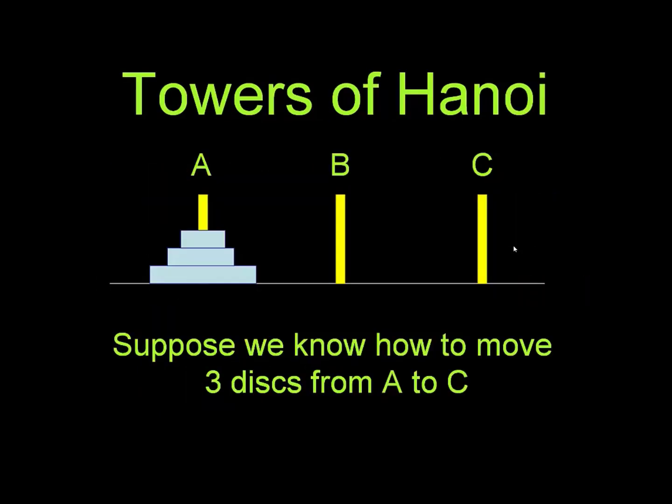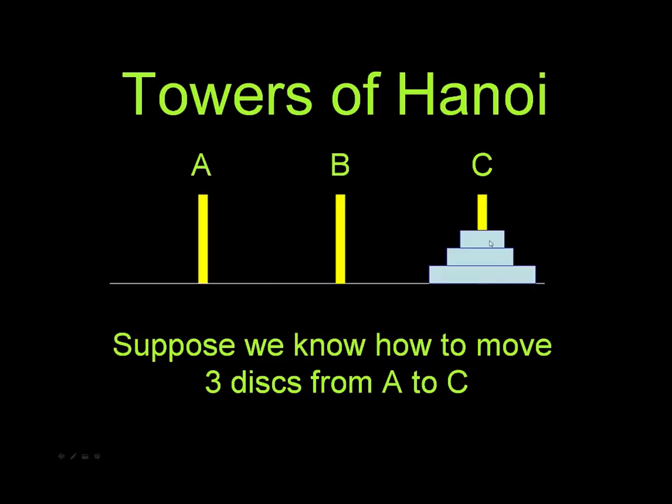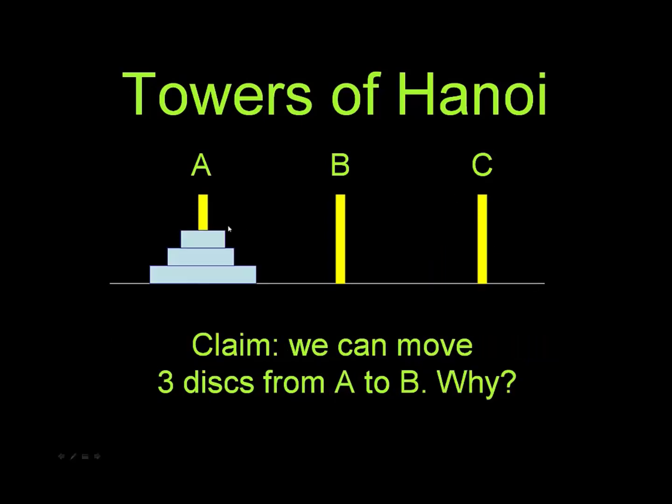Next, let's assume that we know how to move 3 disks from A to C. Then we can definitely move 3 disks from A to B. Why is that so? Because you can always pretend that C is B and B is C, and then you do the same thing and essentially move this from A to B instead of from A to C.